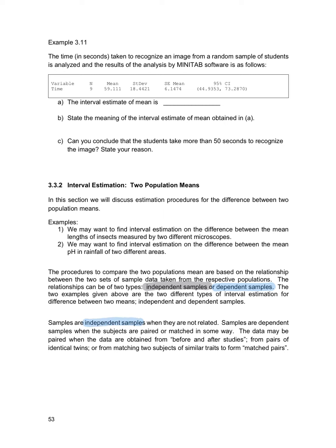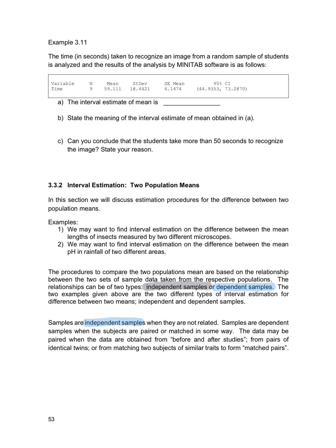Independent here means when they are not related. For example, independent sample, let's say population 1 is male students and population 2 is female students.